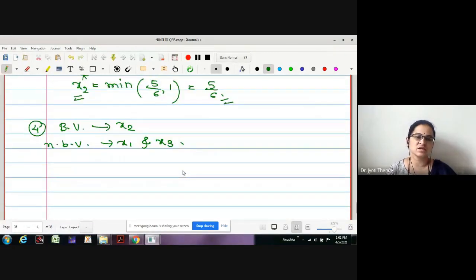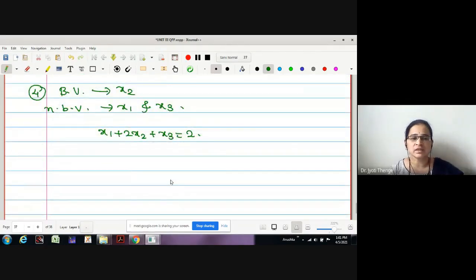What does the process say? Express the objective function in terms of non-basic variables. So what is the constraint equality we have with us? x1 plus 2x2 plus x3 equals 2. Now we want to write the objective function in terms of x1 and x3. Therefore, here we have to find the value of x2 in terms of x1 and x3, and that is half times 2 minus x1 minus x3.